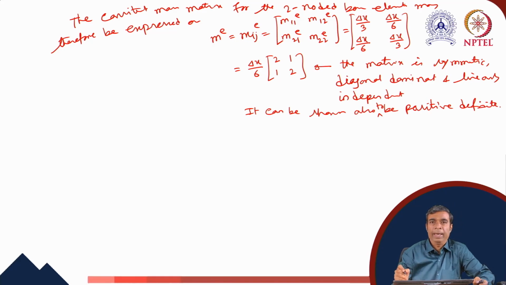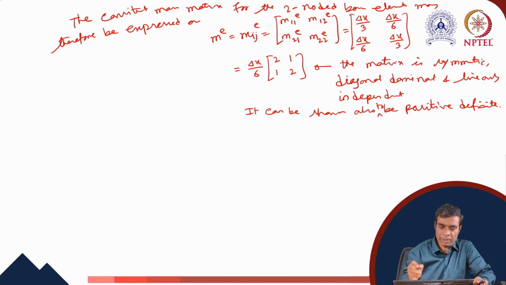So, by exact integration in the natural coordinate system, we have calculated the consistent mass matrix for the two-noded bar elements. We can show one case of this calculation by using Gauss quadrature.